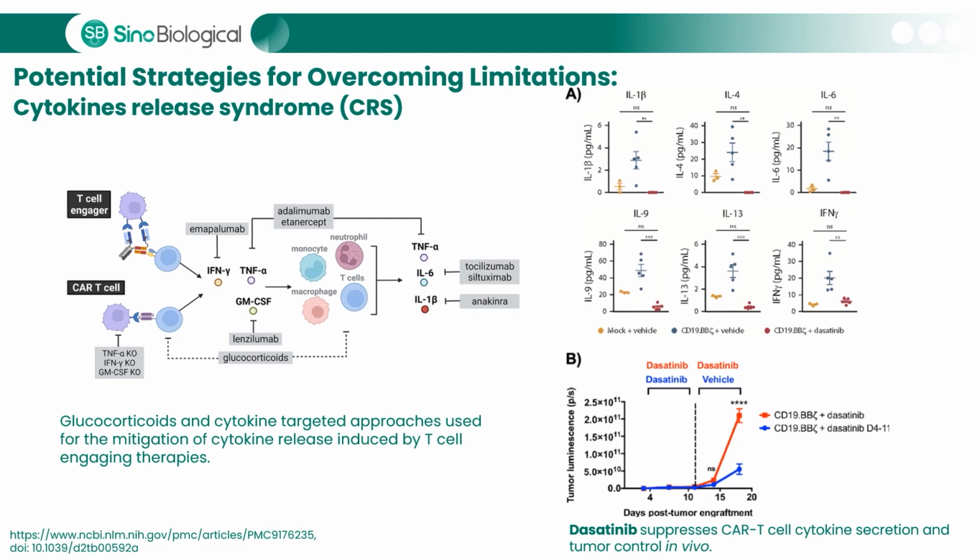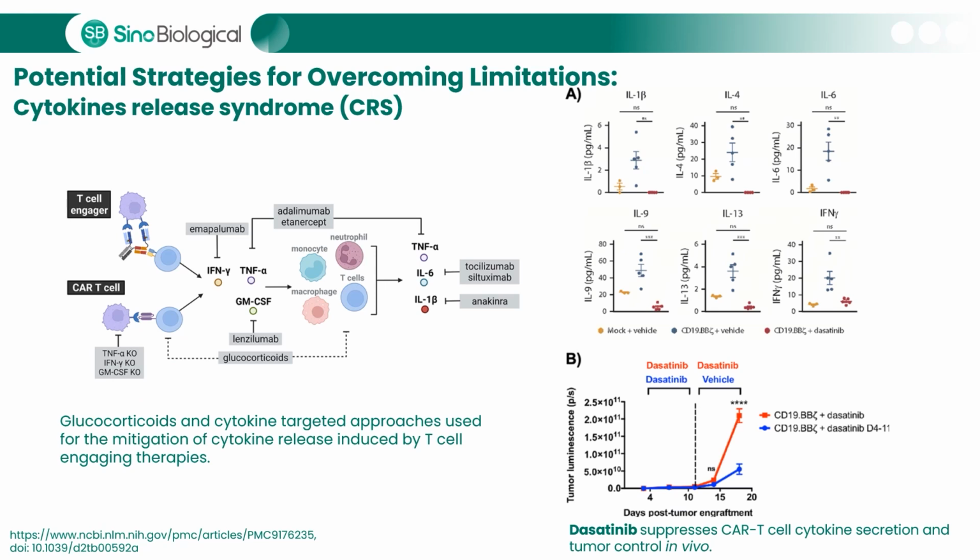Those are directed against cytokines including IL-1 beta, TNF alpha, interferon gamma, and GM-CSF, using lots of small molecule inhibitors. Along these lines, TNF alpha, interferon gamma, and GM-CSF knockout can be engineered in the CAR-T cells to prevent CRS as well.